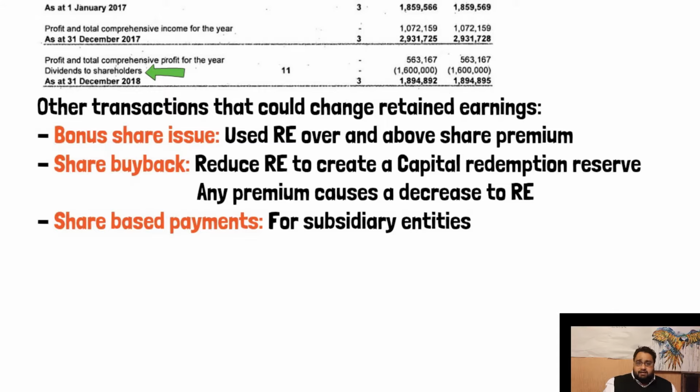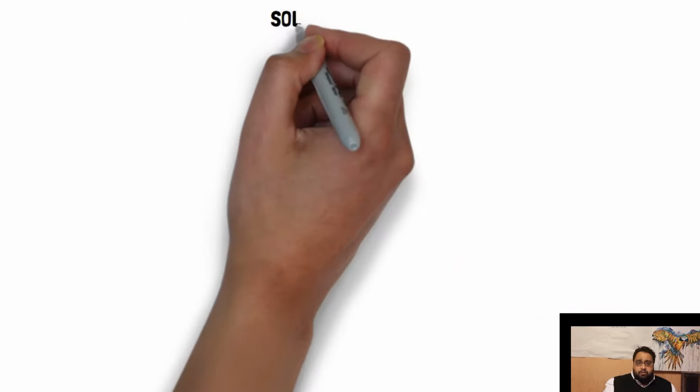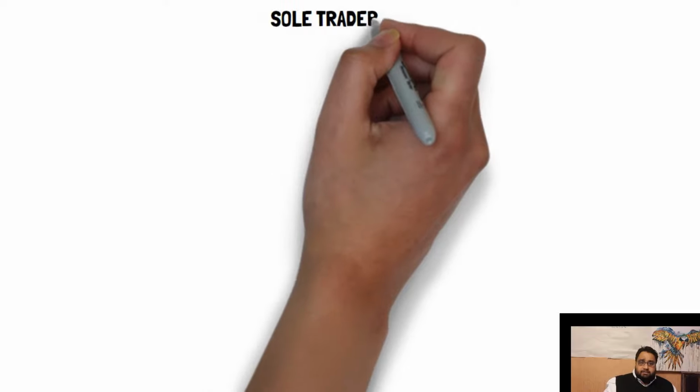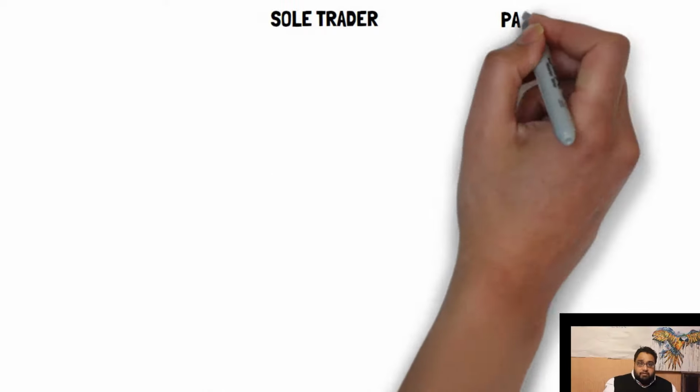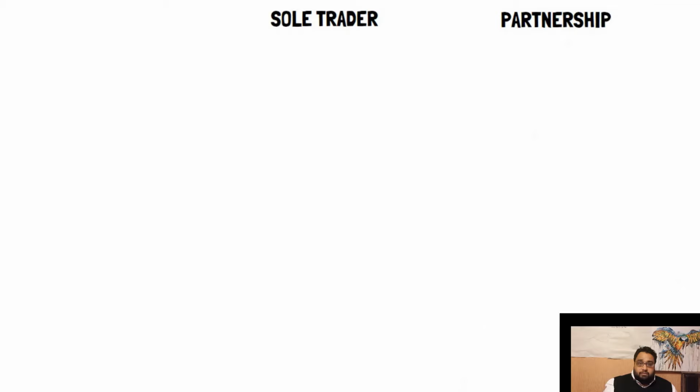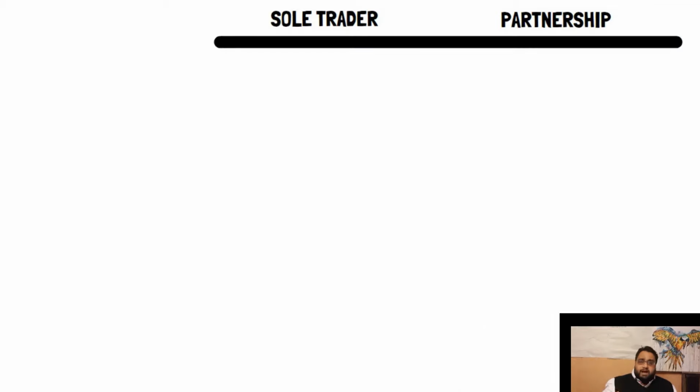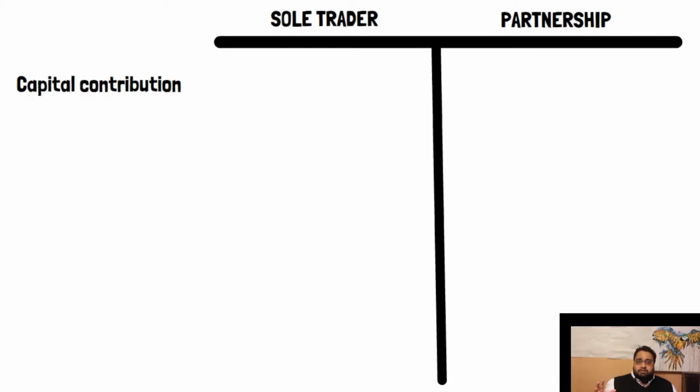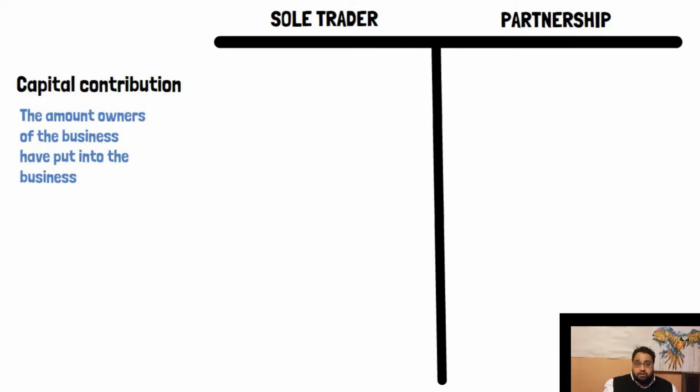So that's retained earnings. But let's also have a quick look at sole traders and partnerships. Both have something called capital contributions. These are amounts that the business's owners have put into the business. In the case of sole traders, this is called owner's contribution or owner's equity.